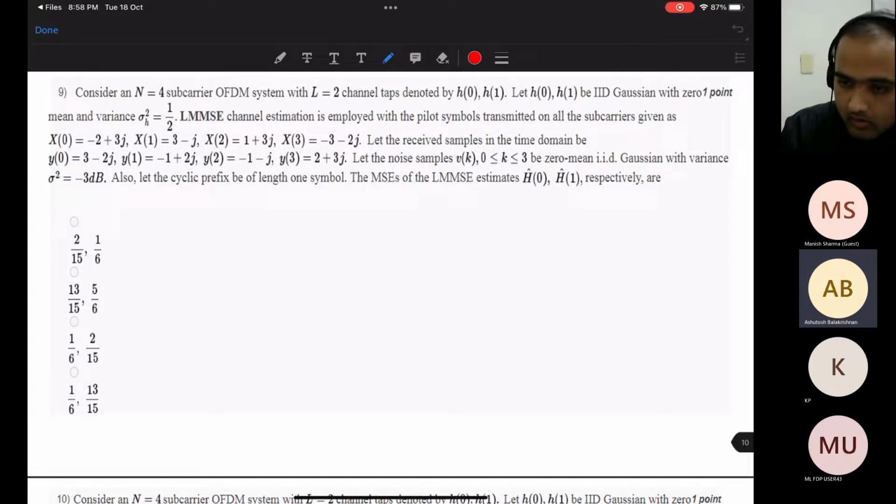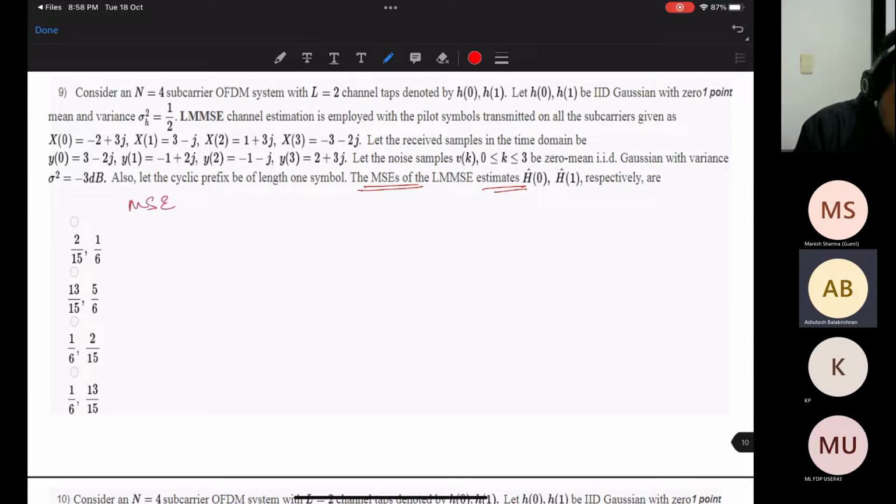Again, it is a build up to the previous questions which we are doing. Now we are asked what is the mean square error of the estimates. In the previous question we computed the estimates, and in this question we have to compute the mean square error of the estimates. So what is the mean square error of the estimate?